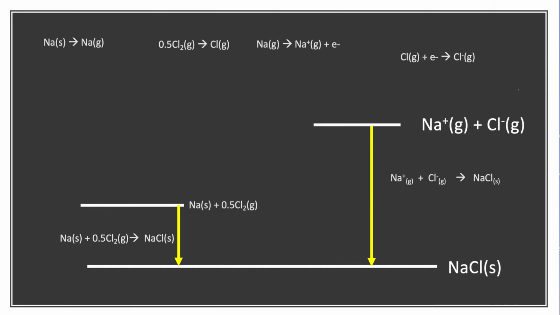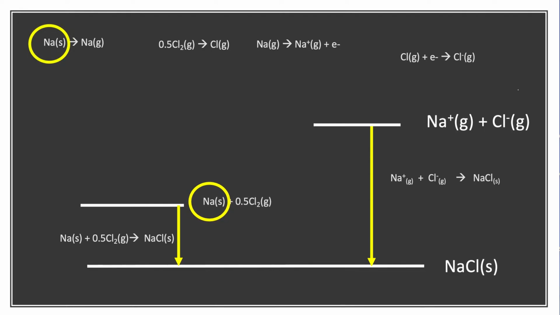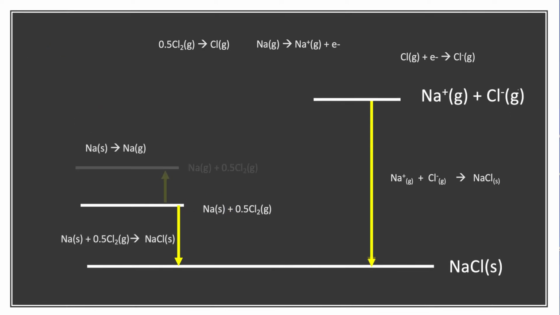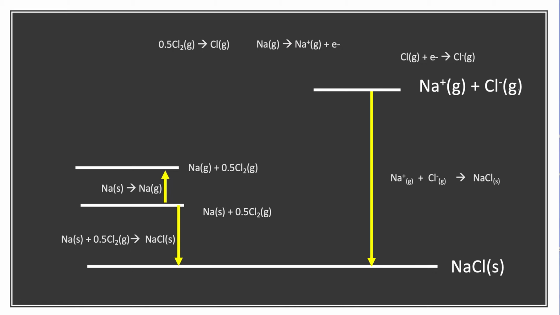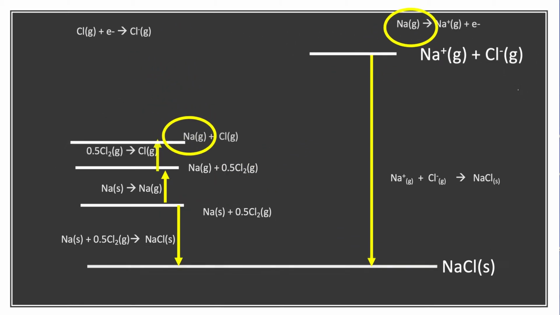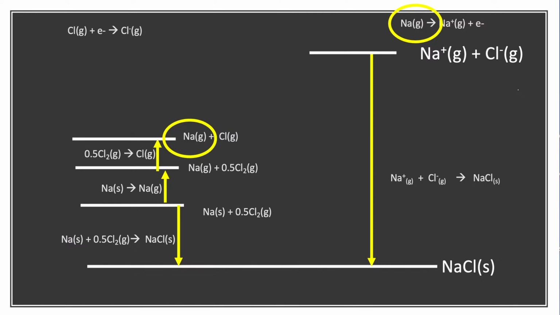So let's first go to sodium. We're going to take sodium solid and atomize sodium. And the next thing, let's take our chlorine and do the same to chlorine. So we have now got 1 mole of gaseous sodium atoms and a mole of gaseous chlorine atoms.